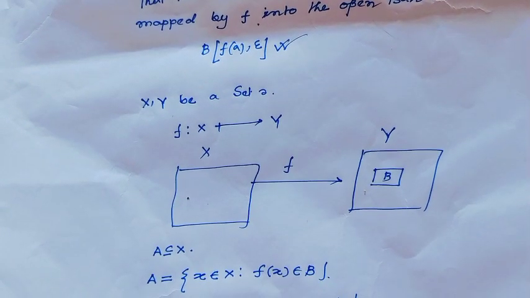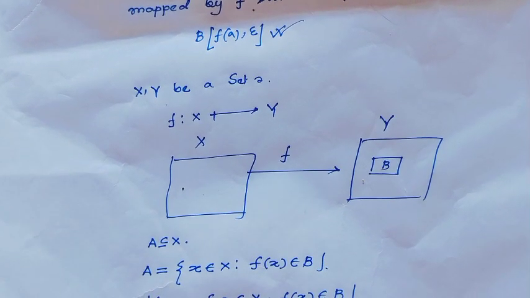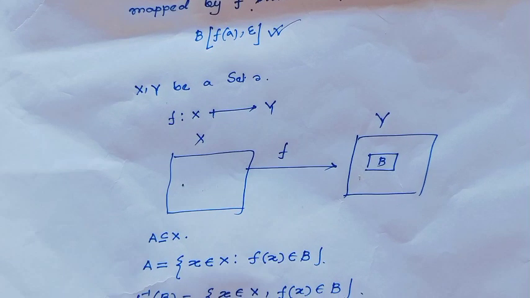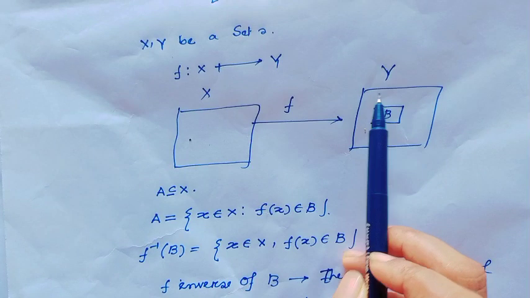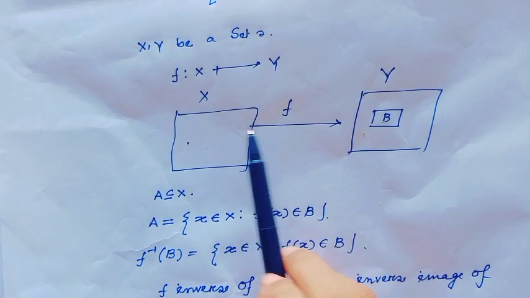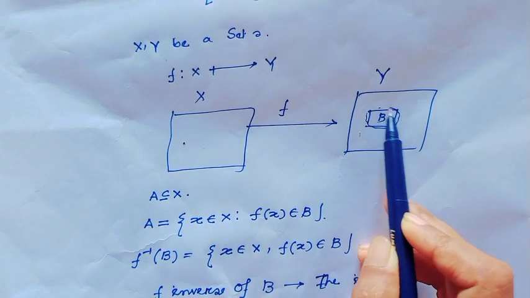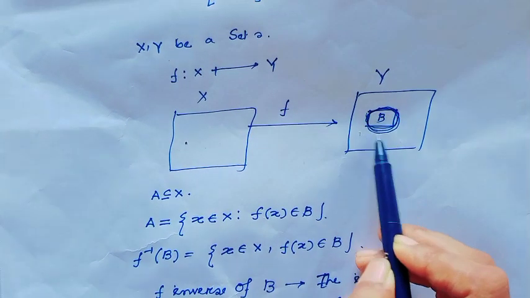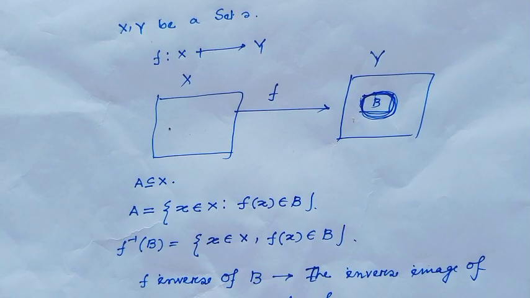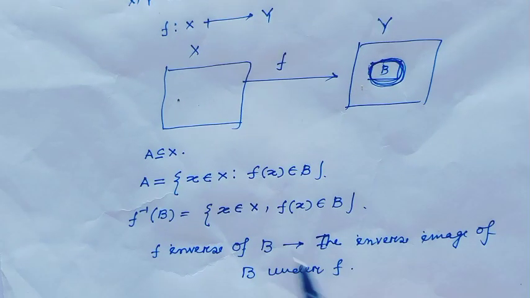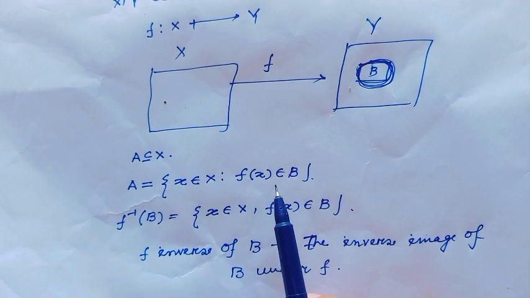For this, consider two sets X and Y, and consider one mapping F which maps from X to Y. Consider this is X and this is Y.